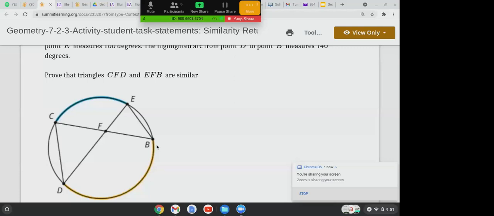Now the yellow arc is 140 degrees. What we know so far is the measure of angle D is 50 degrees and the measure of angle B is 50 degrees. We did that because they are both inscribed angles related to this arc.